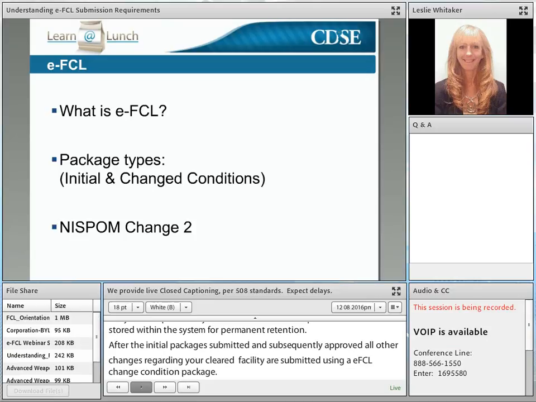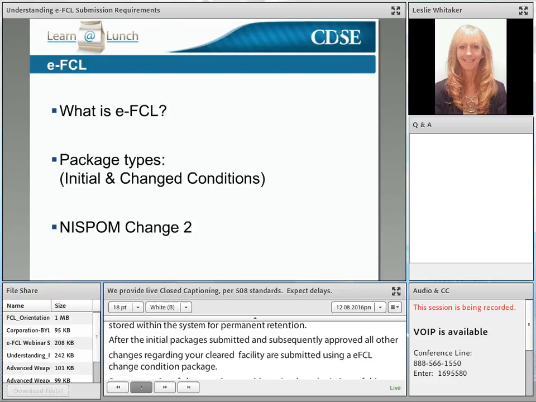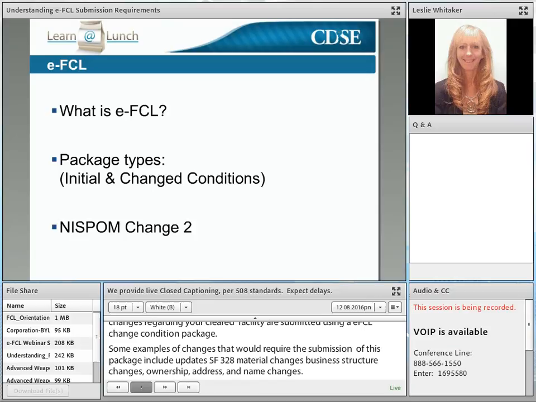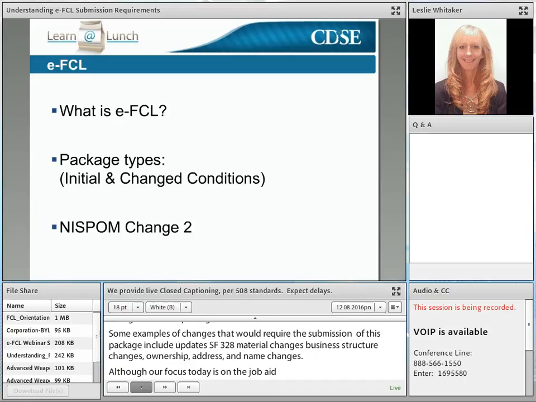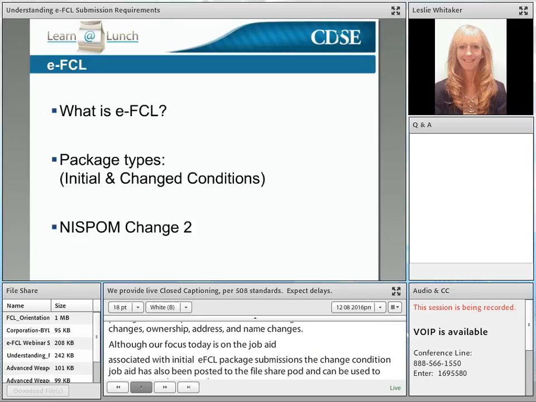Although our focus today is on the job aid associated with initial eFCL package submissions, the change condition job aid has also been posted to the file share pod and can be used to assist you in submitting change condition packages as well. The business-related documents we'll be discussing today are required for both types of eFCL package submissions. So understanding what needs to be uploaded will help you, regardless of whether you're submitting an initial or a change condition package.